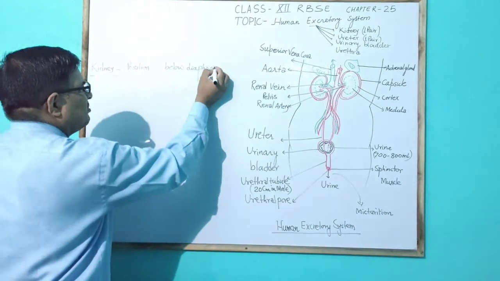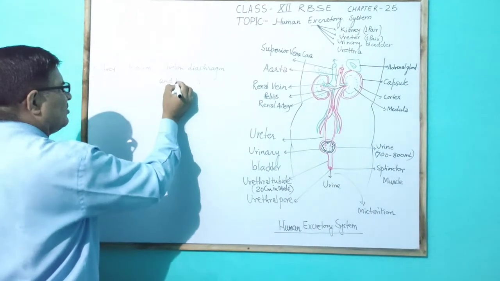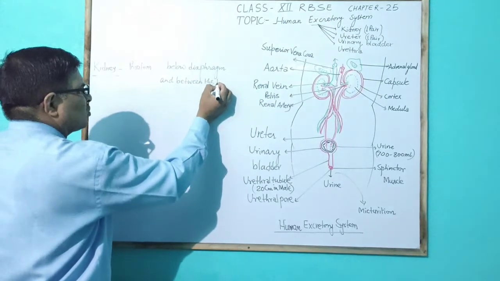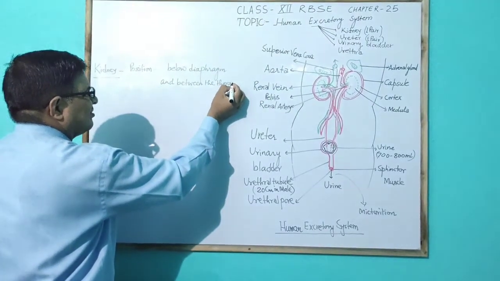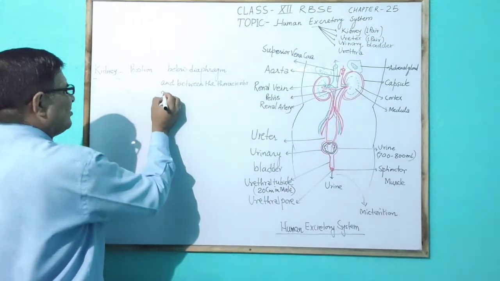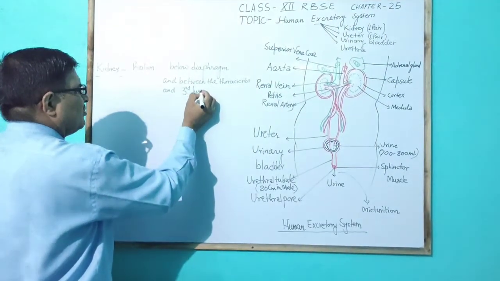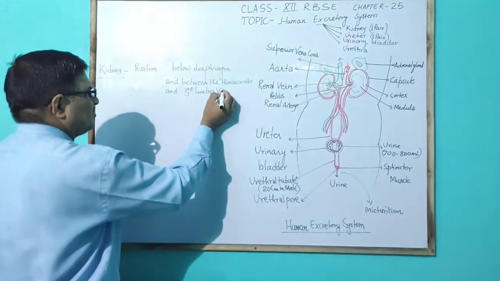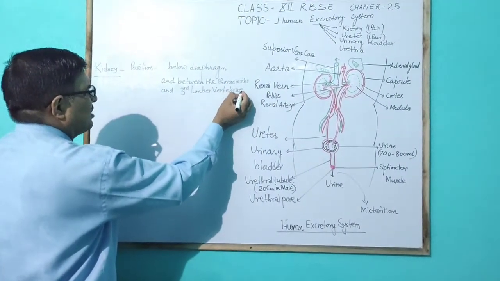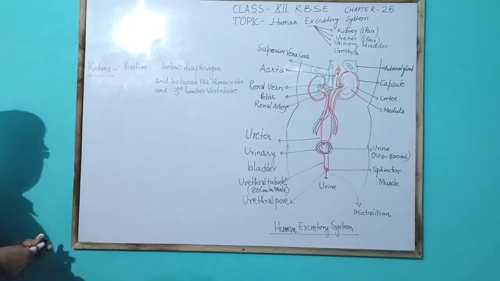Kidney is present below the diaphragm and between the thoracic ribs and third lumbar vertebrae. This is the position of the human kidney.